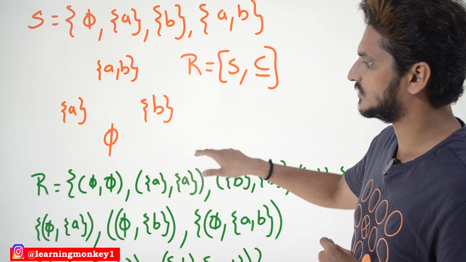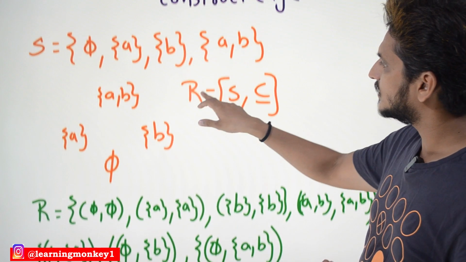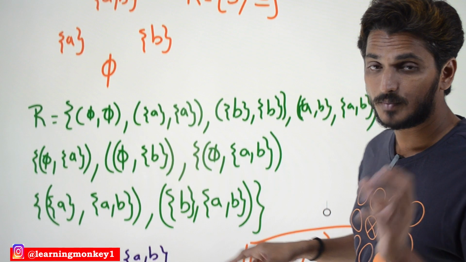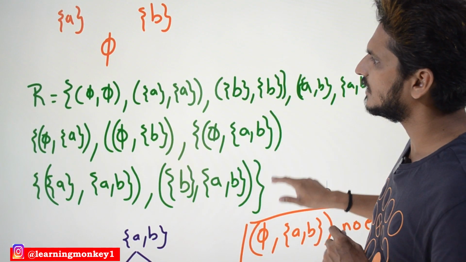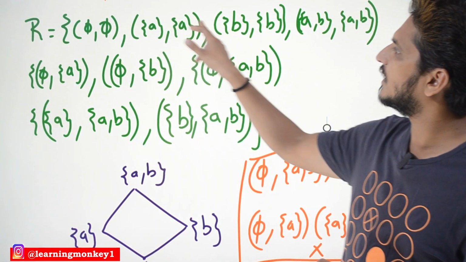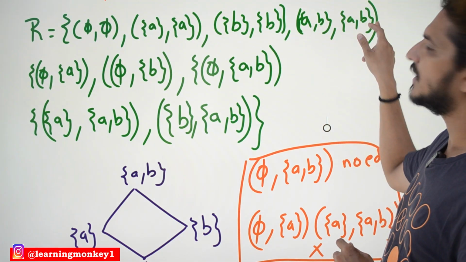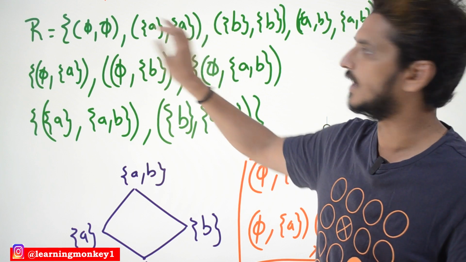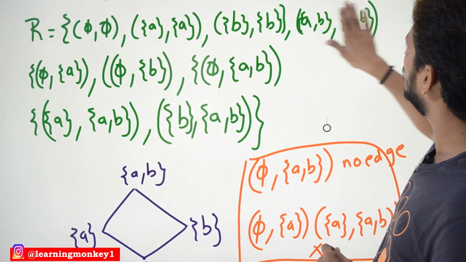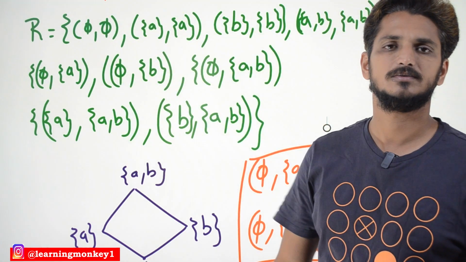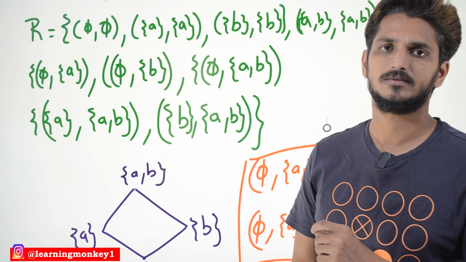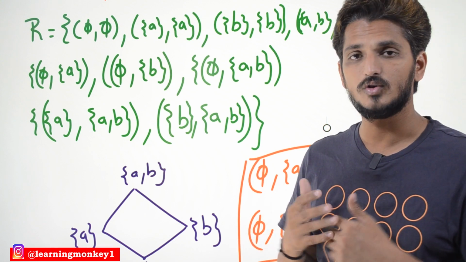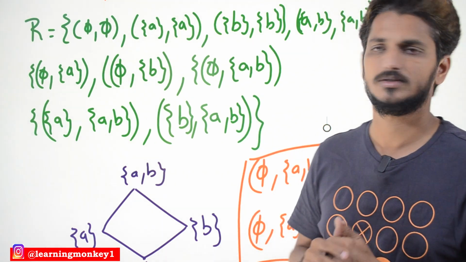We need to understand where to place an edge and where not to place an edge. On this relation R, the ordered pairs are phi comma phi, A comma A, B comma B, AB comma AB. These are all similar elements, so there is no need to consider these ordered pairs. The remaining ordered pairs you have to consider and create the edges.